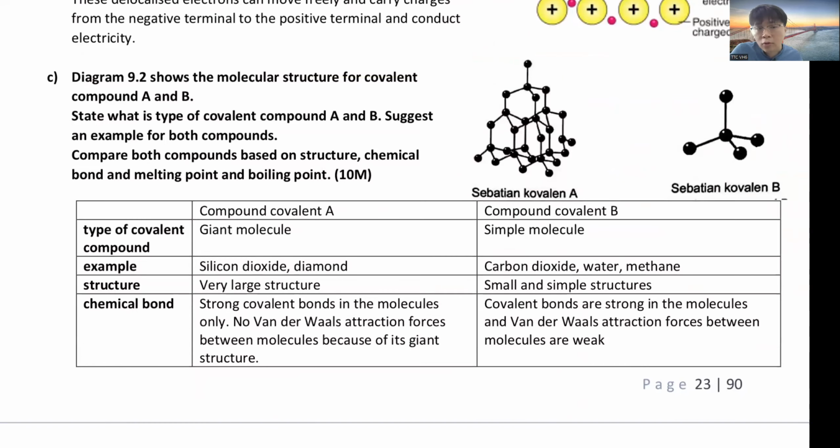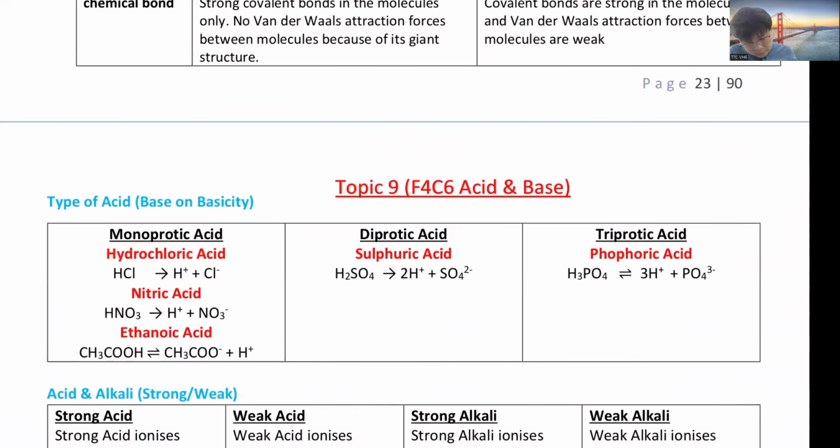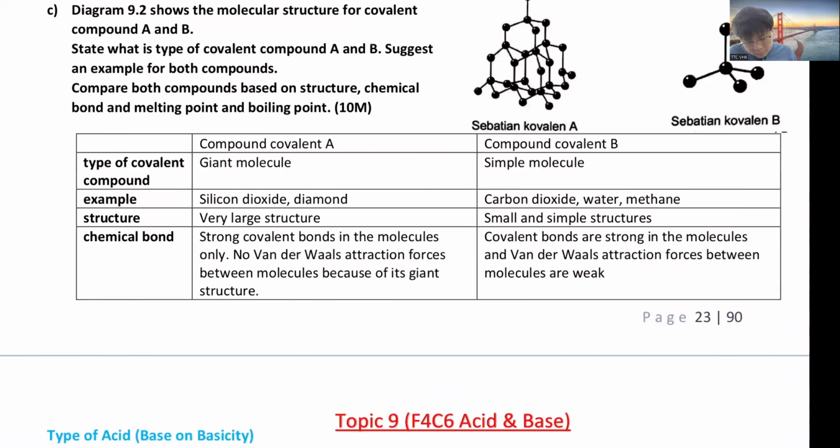Then this is the giant covalent bond. You need to know that. For simple molecules, the melting point is very low because the van der Waals force is weak.